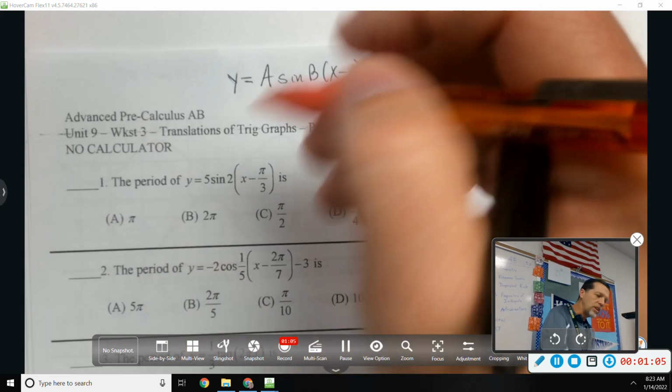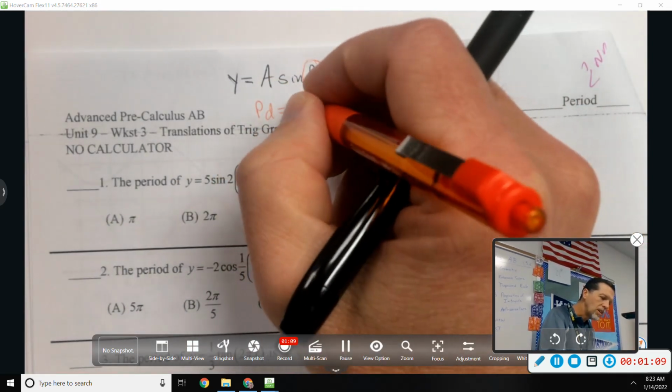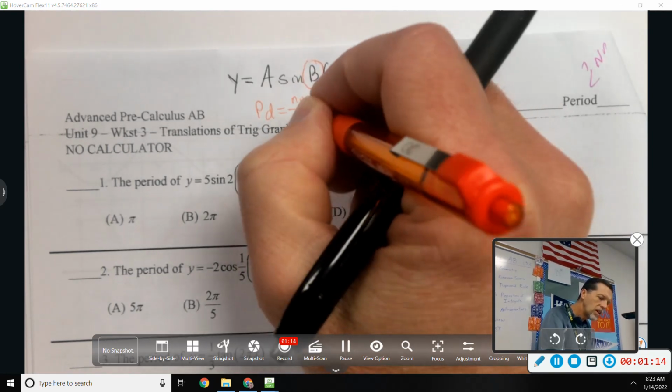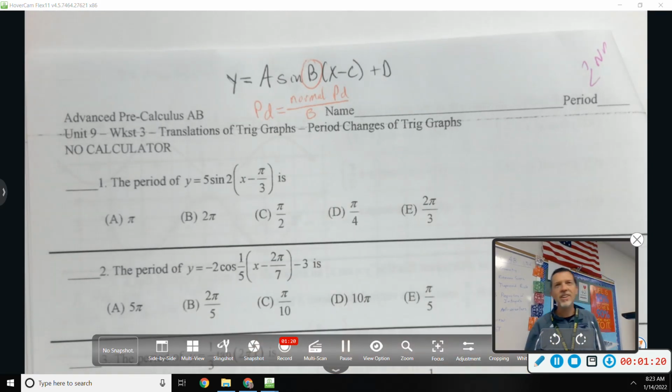But this worksheet is all about B, because period is normal period over B. So if you were absent yesterday, that's the lesson. A lesson in one statement. Period is normal period divided by B. I mean, it's close to all we did.